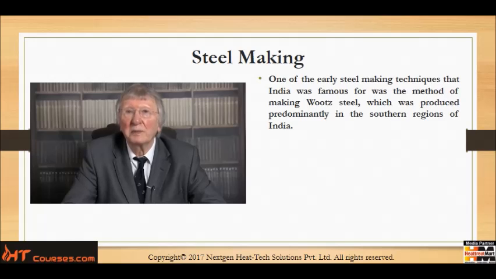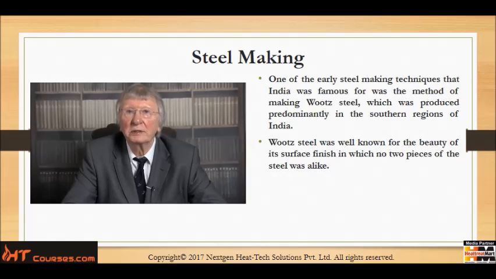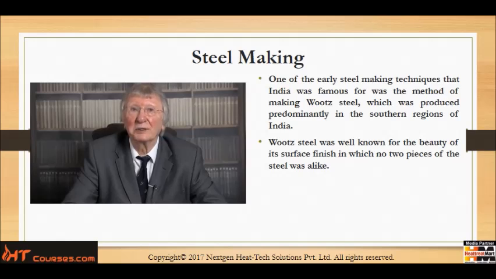One of the early steel making techniques that India was famous for was the method of making Wootz steel, which was produced predominantly in the southern regions of India. Wootz steel was well known for the beauty of its surface finish, and no two pieces of that steel looked alike.